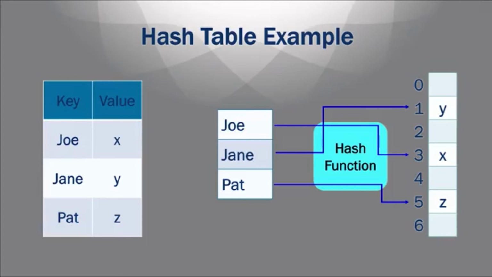So Joe is associated with slot 3, which has the value x. Then Jane, the hash function will compute a 1 in this case, and so slot 1 has Jane's value y. Likewise with Pat, Pat is associated through the hash function with slot 5, and you put its value z inside slot 5. So this is the idea behind a hash table.